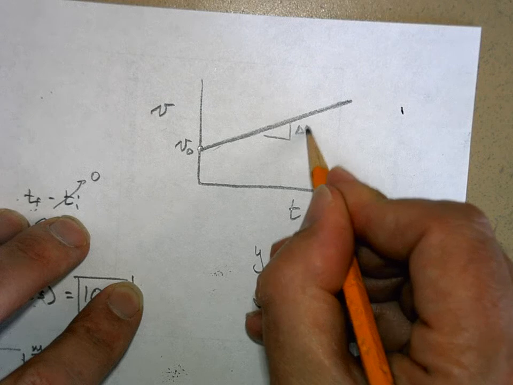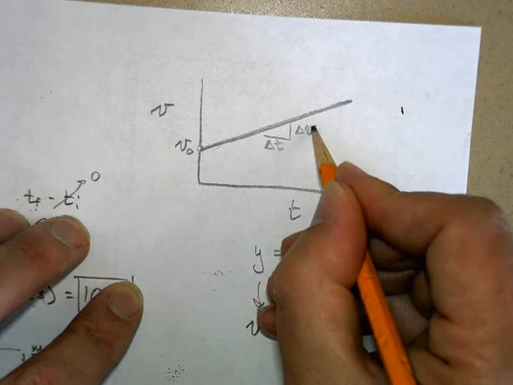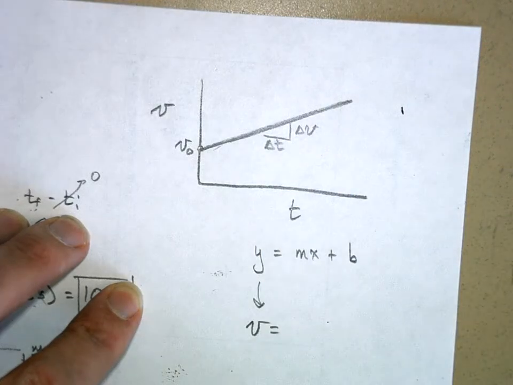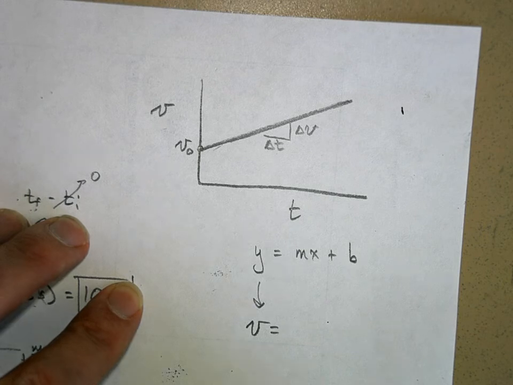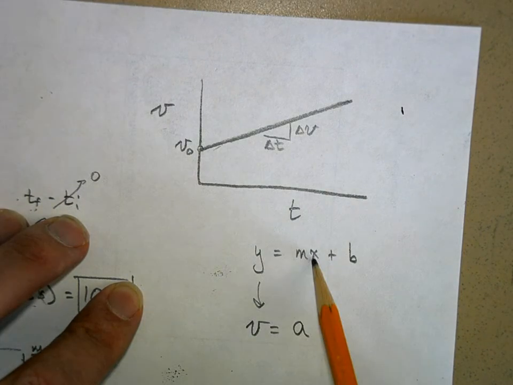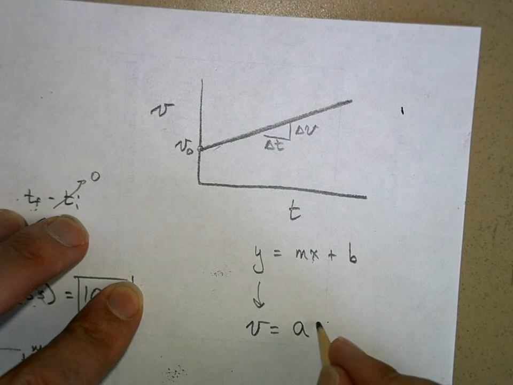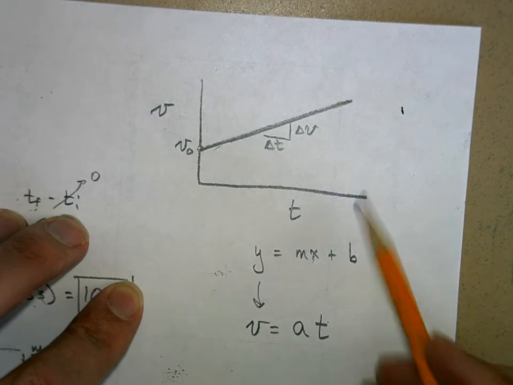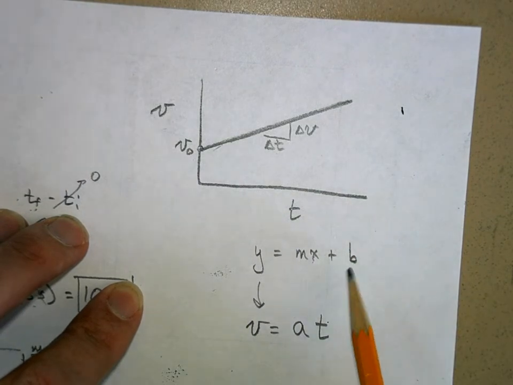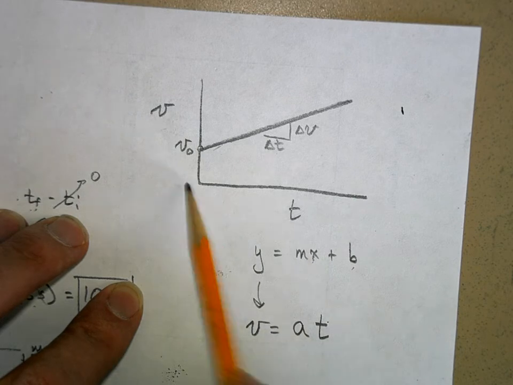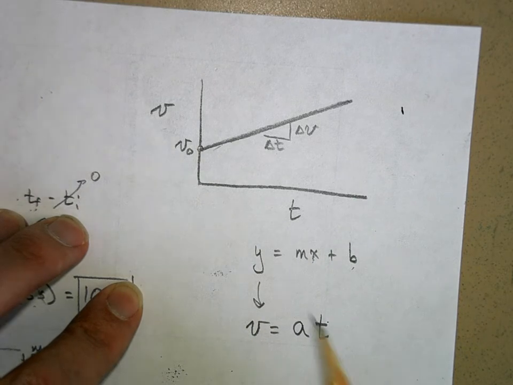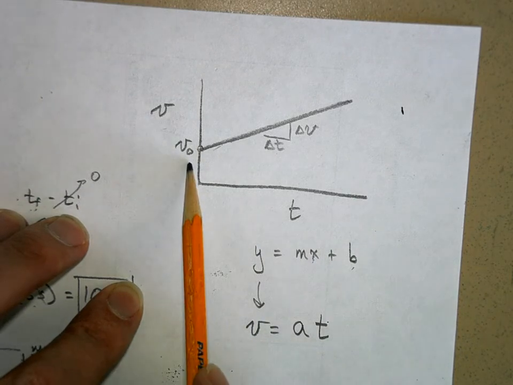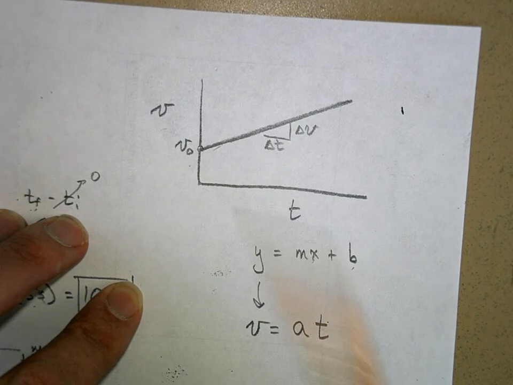This is delta v over delta t. But delta v over delta t, we have a name for that. It's called acceleration. Here, the horizontal axis, instead of x, we're calling it time. And then my b is my value for y when x is 0, but what I should say is it's my value for v when t is 0.